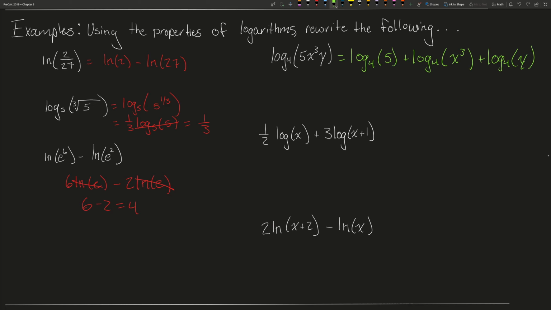But this isn't totally expanded yet. Log base 4 of 5 is as simple as it can get, but log base 4 of x cubed is not. So using the power property, we can bring this 3 out front. So this is equal to plus 3 log base 4 of x. And this log base 4 of y is still as simple as it can get. So then this is your answer.